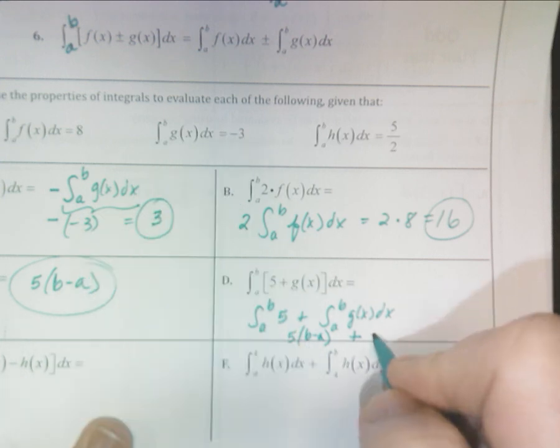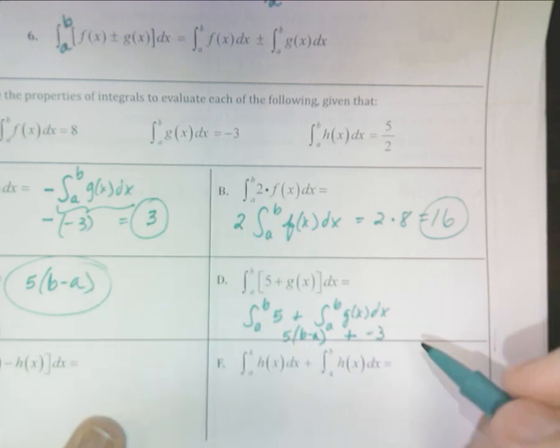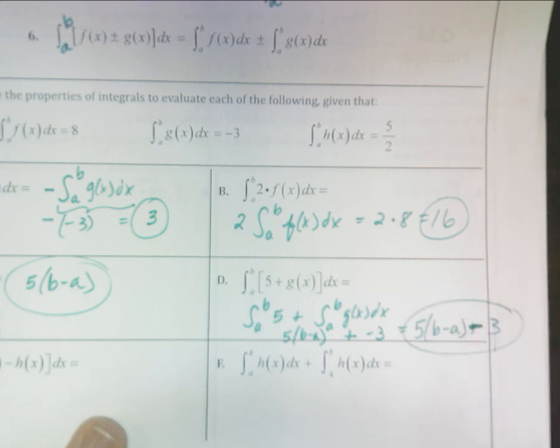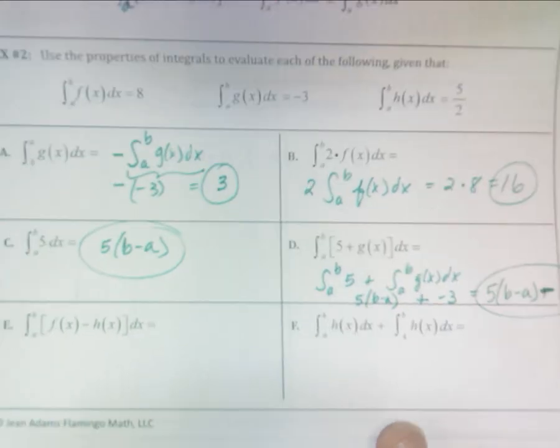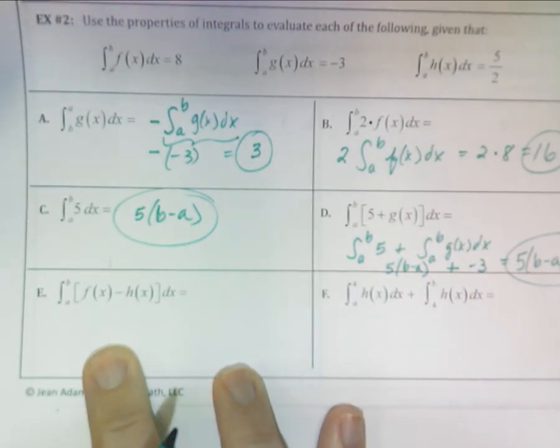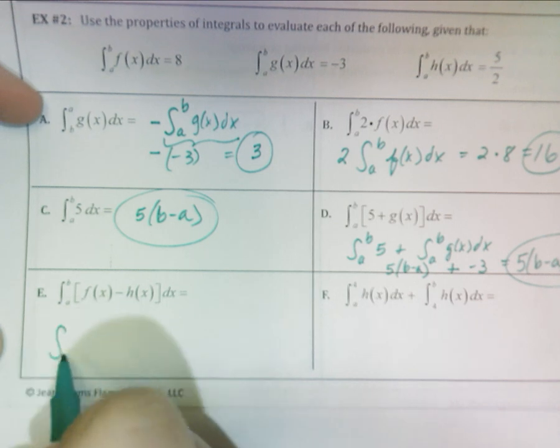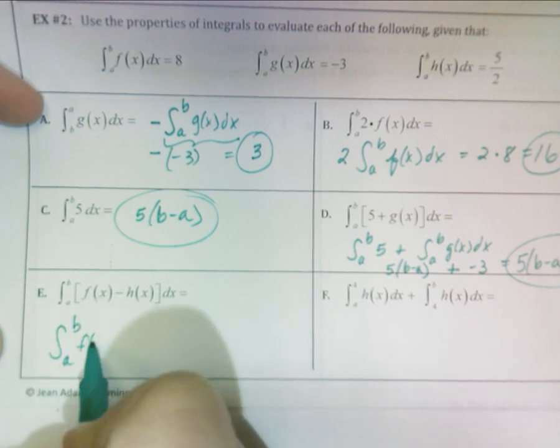It's negative 3. And you can just leave your answer like that. 5 times b minus a, I should say minus 3. All right, two more here. E, the integral from a to b of f of x minus h of x, you can actually separate them.